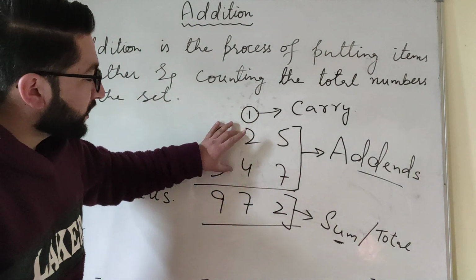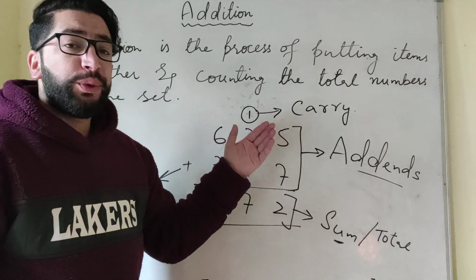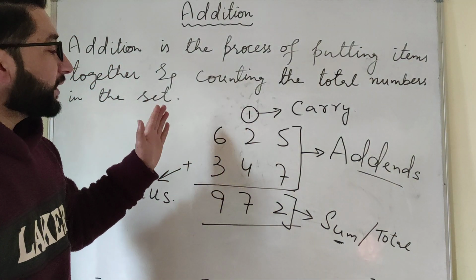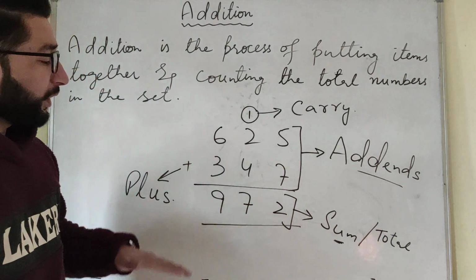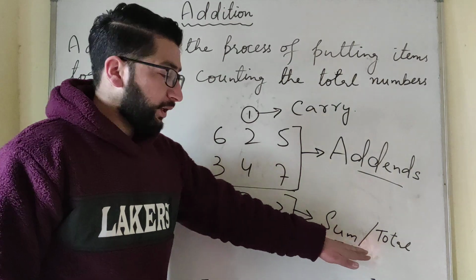So those numbers that we add are said to be addends. They may be 3, 2, 5, 4, so many, but always more than 1. So here what answer we got is said to be sum or total.